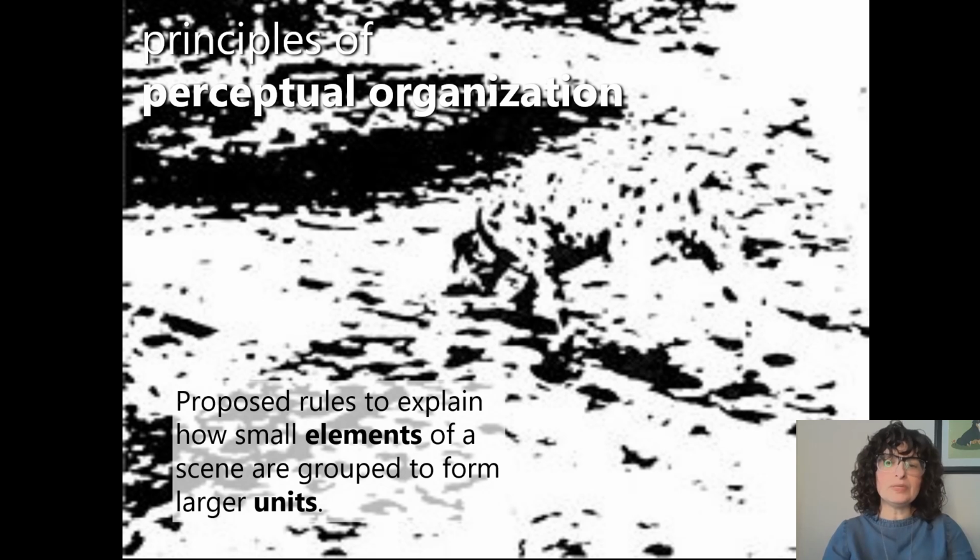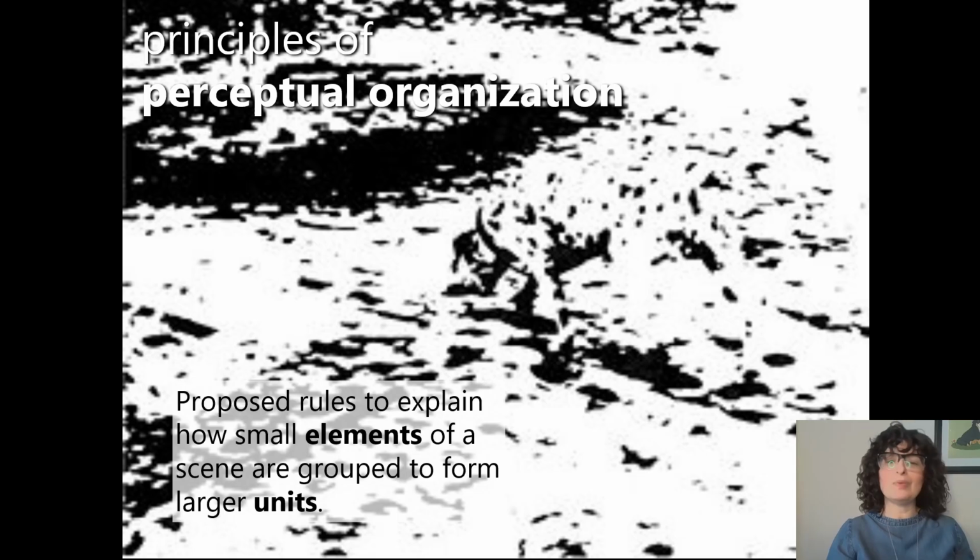So, Gestalt principles are these proposed rules to explain how small elements of a scene are grouped together to form larger units. And essentially, it's describing an organizing set of principles that guide the visual system in its interpretation of the raw retinal image. And mostly, it's about grouping.